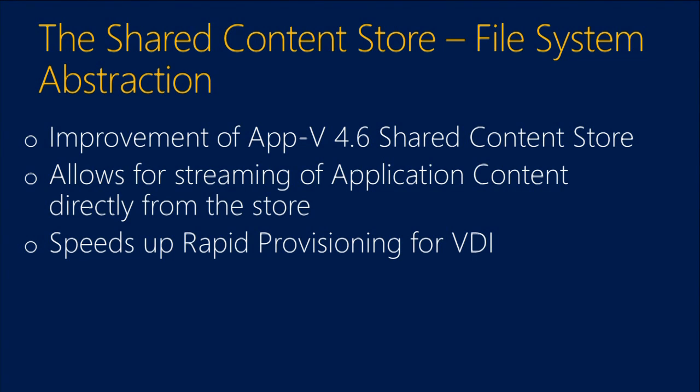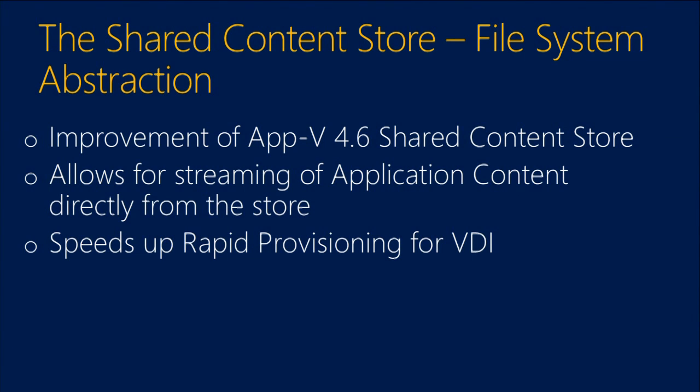In 4.6, we introduced the shared content store. But the shared content store was an all or nothing type strategy and did not allow us flexibility in our data centers in order to give this information to the users, to get these applications actually developed.